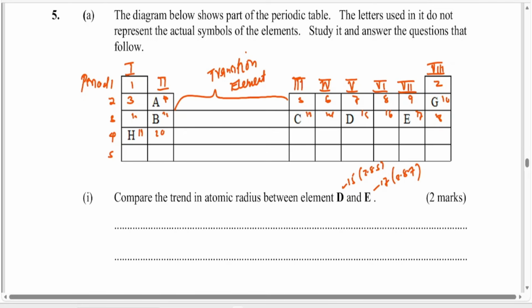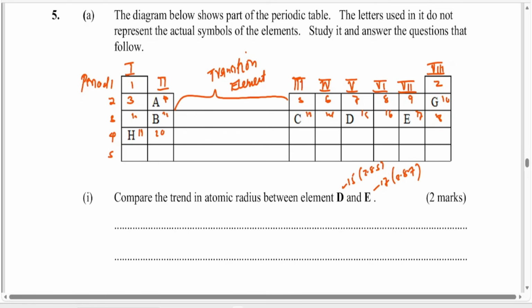So the stronger the nuclear attraction, the smaller the atom, and the smaller the radius. So in this case, we shall say the atomic radius of E is smaller. Despite having more protons, its radius is smaller because of more protons and strong nuclear attraction, making the atom very small, because the outermost electrons are strongly attracted to the positive nucleus, making the atom appear smaller.